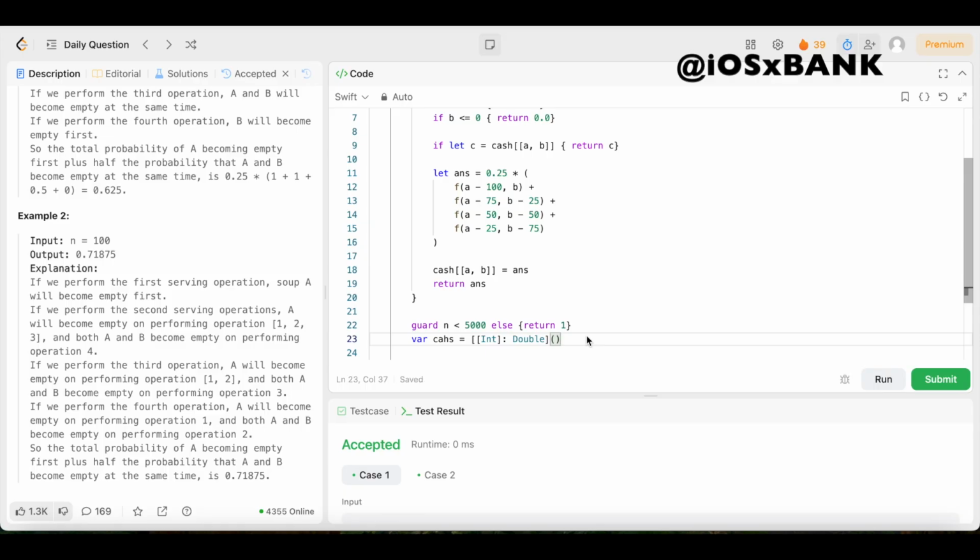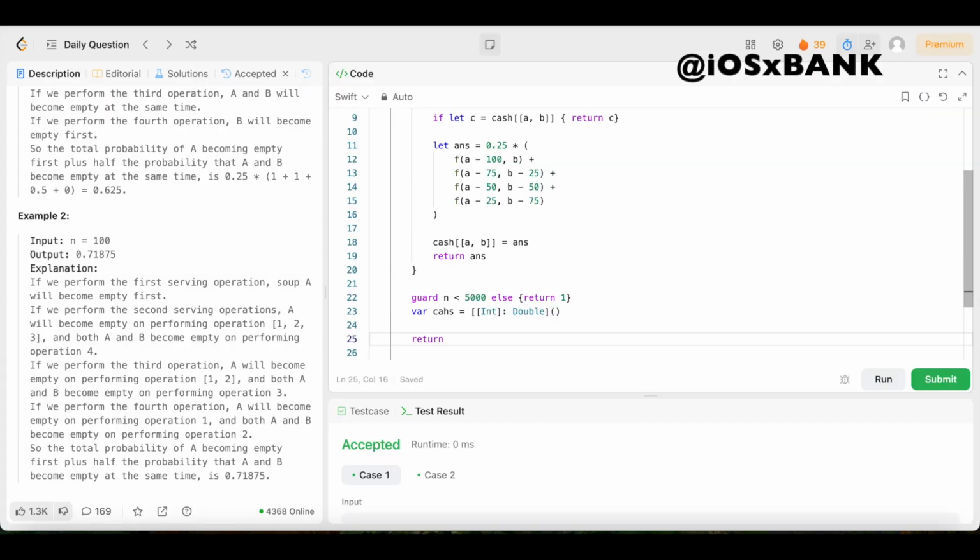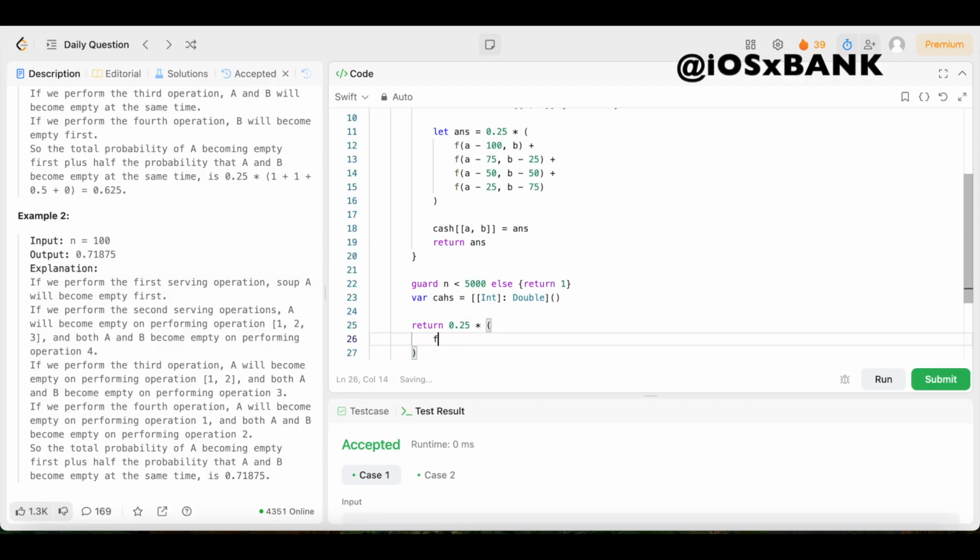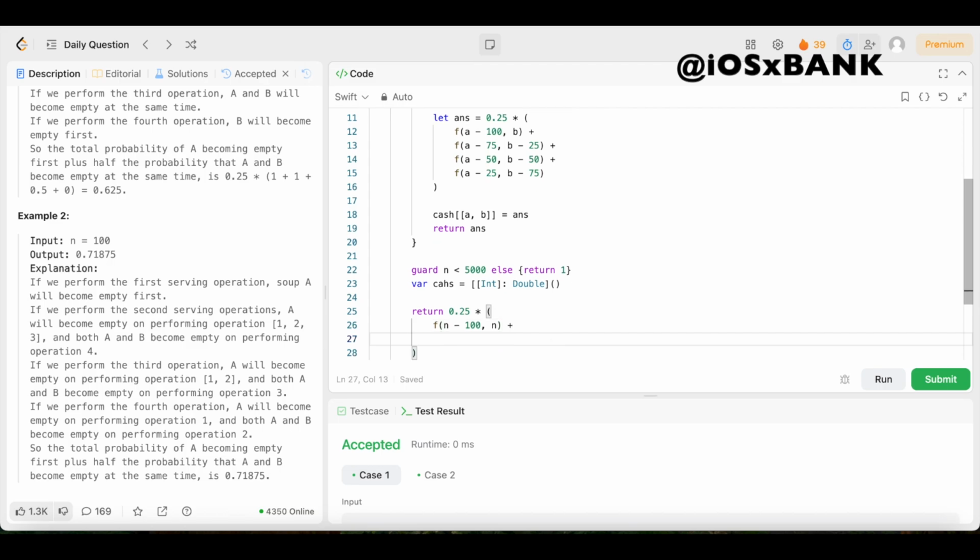Boom. Now we need to initialize our call and start from our full servings and simulate the first serving by coming underneath this. We're going to say return 0.25 times, open up the parentheses again, and once again we're going to say F, open up the parentheses, n minus 100, comma n, come outside of that, we're going to say plus, then we're going to say F, open up the parentheses, n minus 75, comma n minus 25 for the second serving operation.